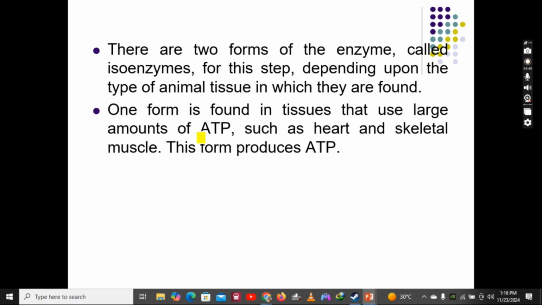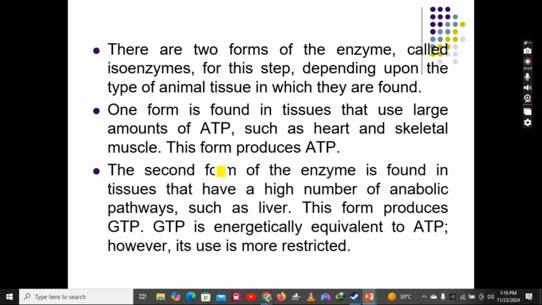One form of the enzyme is found in tissues that use large amounts of ATP, for example the heart and skeletal muscle, where you expect a lot of ATP to be used. That's one isoform, and more ATP will be produced there. The other one will be found in tissues that have a high number of anabolic pathways, an example being the liver.